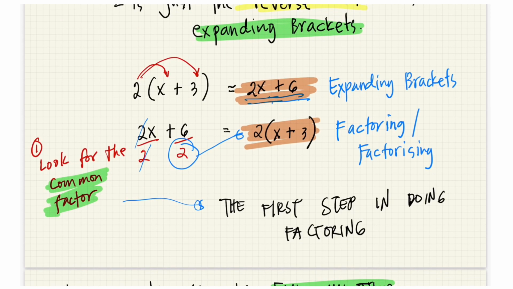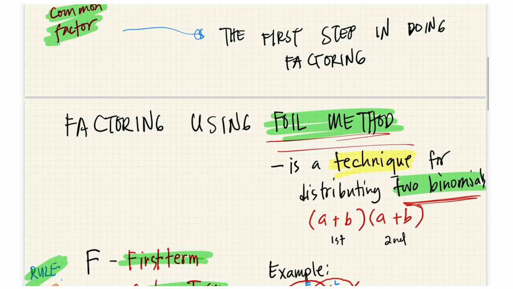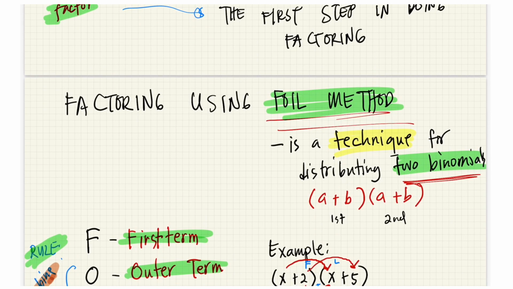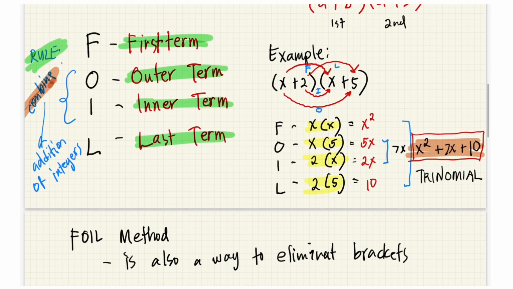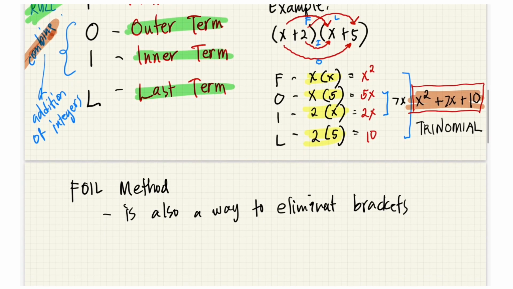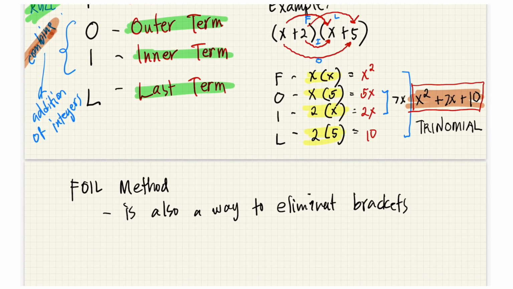Now, there's a special way of doing factoring, and we call it the FOIL method. The FOIL method is a technique for distributing two binomials. This is how we simplify two binomials, using first, outer, inner, last term, or we call it the FOIL method. Usually it comes out as an answer in the form of a trinomial.